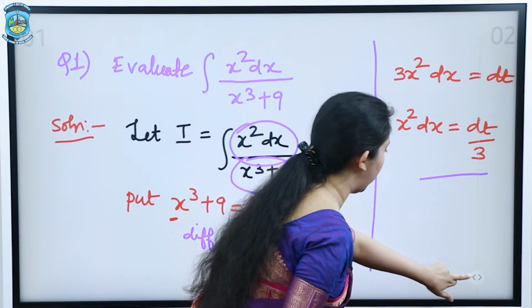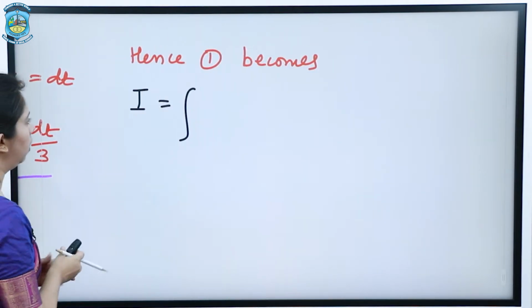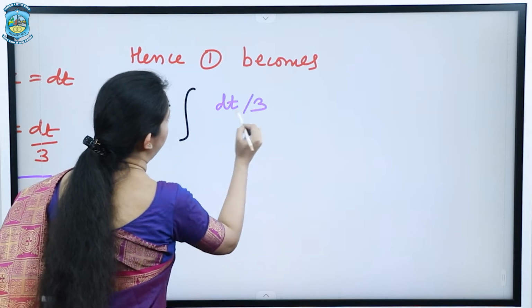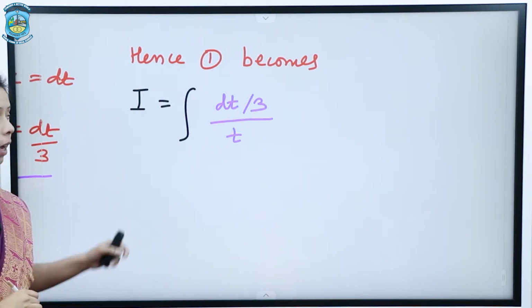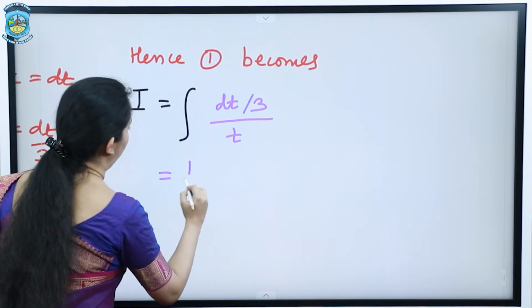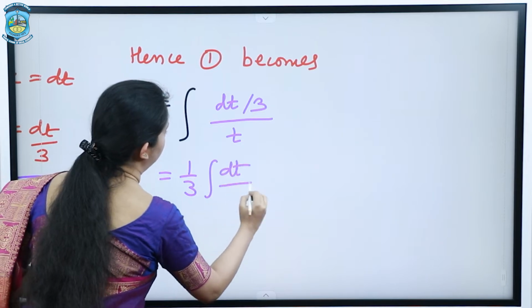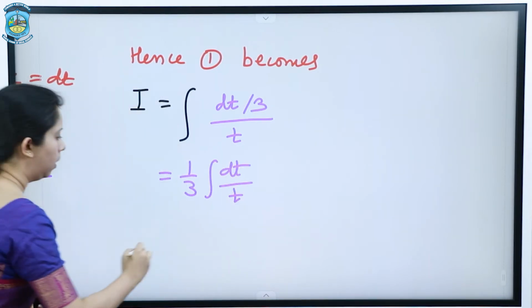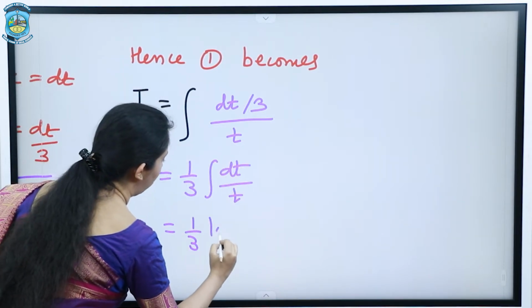So, equation number 1 will become dt by 3 divided by t. So, now integration of dt by t is log t. So, we can write 1 by 3 log t.